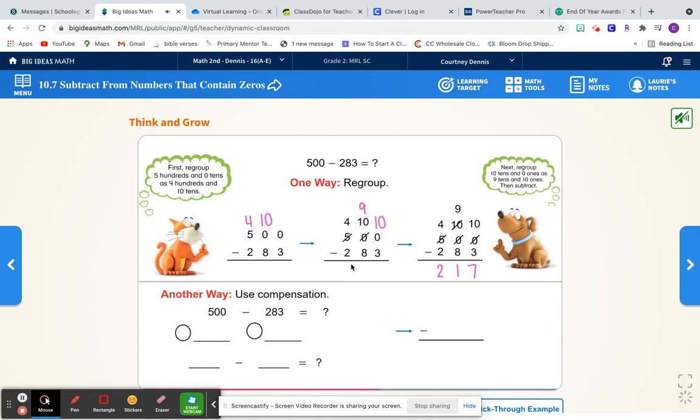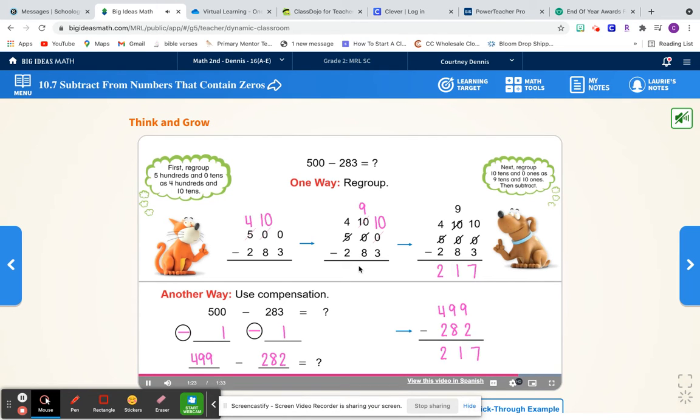Subtract 1 from 500 and 1 from 283. 500 minus 1 equals 499. 283 minus 1 equals 282. 499 minus 282 equals what number? 9 ones minus 2 ones equals 7 ones. 9 tens minus 8 tens equals 1 ten. 4 hundreds minus 2 hundreds equals 2 hundreds. So 499 minus 282 equals 217.